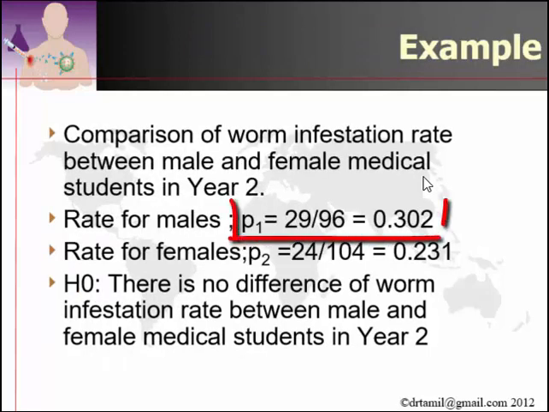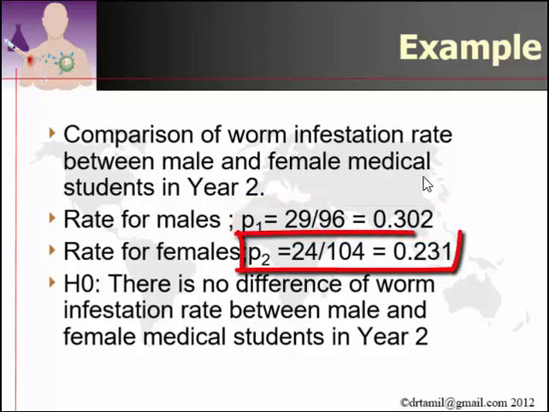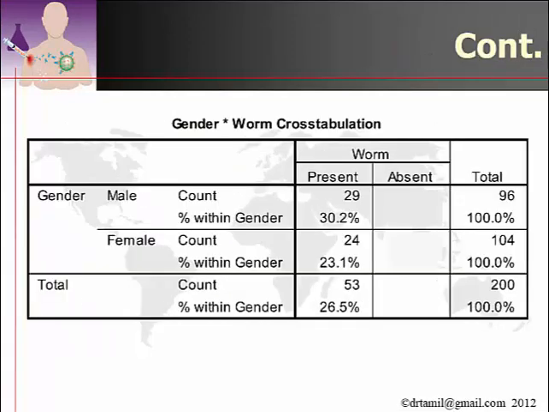So for the males, the number who got infected was 29. How many males are there? There were 96. Female, 24. How many females are there? 104. Okay, so now what do you do?